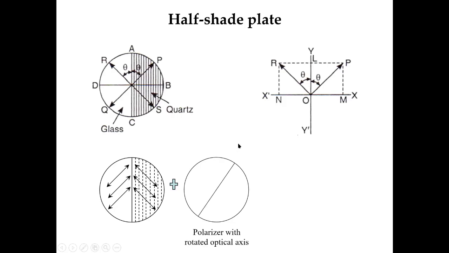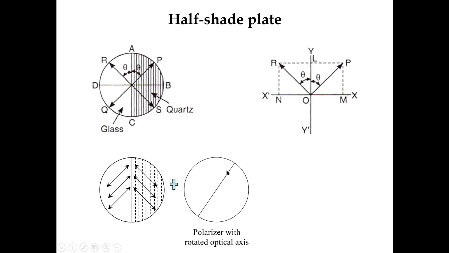Now, if the polarizer is rotated clockwise by some angle, then this component will make smaller angle with the optic axis, while this component will make a higher angle with the optic axis of the polarizer.